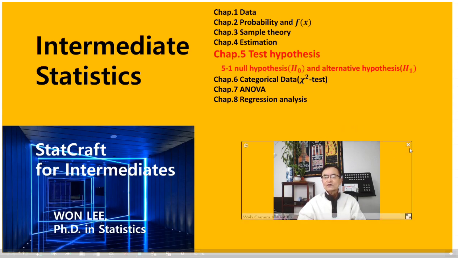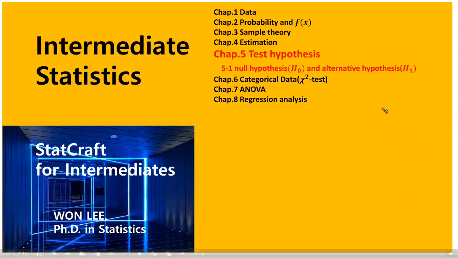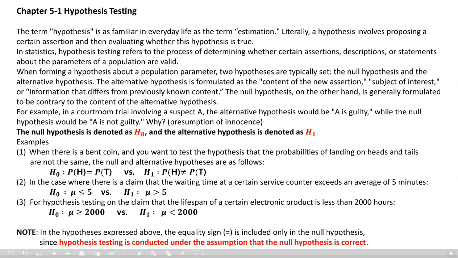Okay, let's go. Today's topic is null hypothesis and alternative hypothesis. What are they? The term hypothesis is as familiar in everyday life as the term estimation. Literally, a hypothesis involves proposing a certain assertion and then evaluating whether this hypothesis is true.